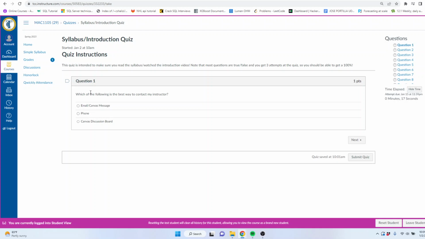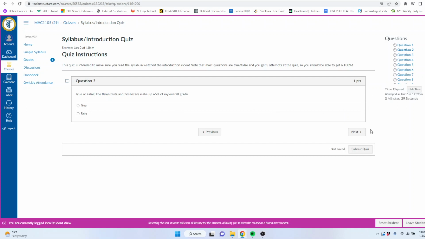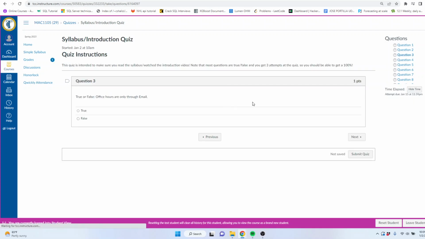There are some that are multiple choice, but you have 3 attempts at the quiz. So you should be able to get 100%, because after you answer a question and submit the quiz, if it's wrong, it'll tell you what the right answer is. Don't just write down the right answer, but actually look at the right answer and explanations, because it can help you. Just go through and fill those problems out.